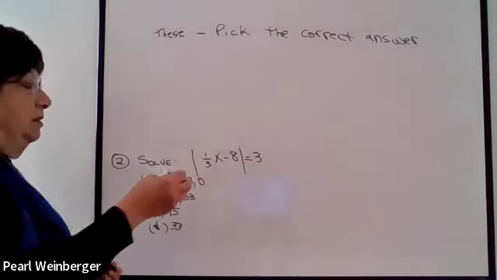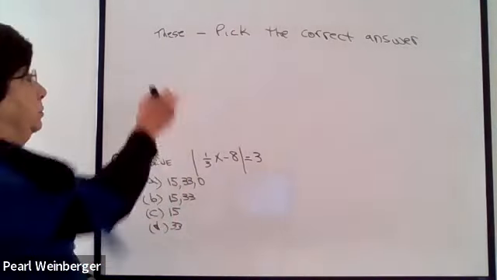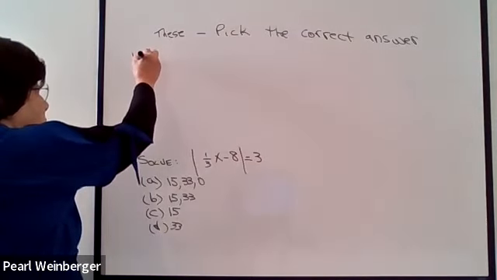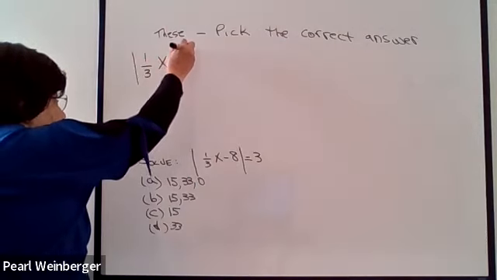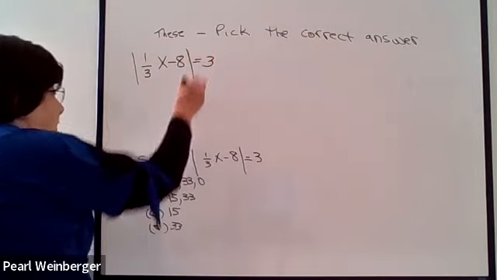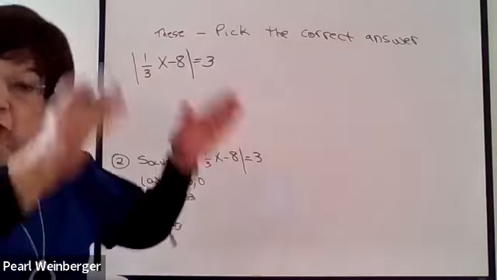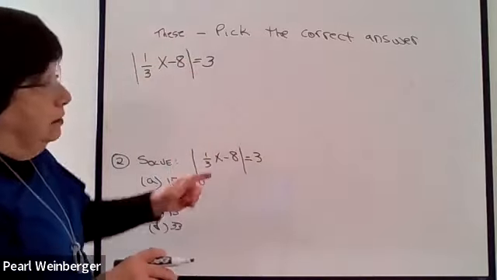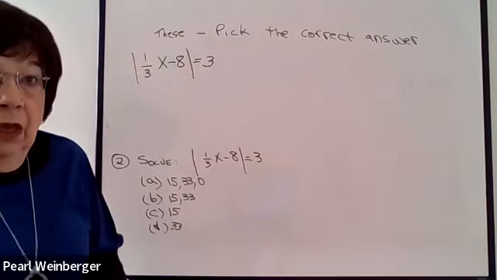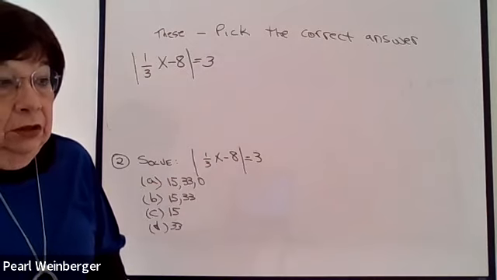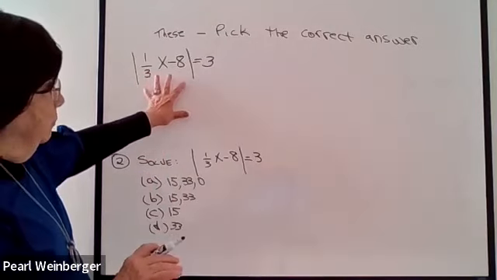So this is the one we're going to have to remember how to solve. It's called an absolute value equation. This is a review of a topic that we did in chapter 1. And I'm going to remind you that the first thing you have to do when you have an absolute value equation, which you will recognize with these 2 lines on either side of the algebraic expression, is make sure that you have the absolute value all by itself, which we do.